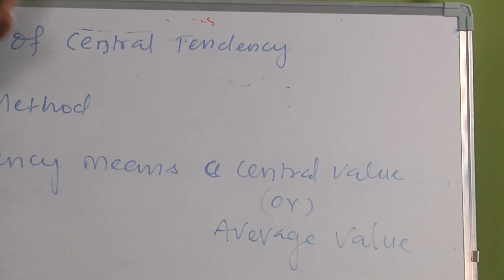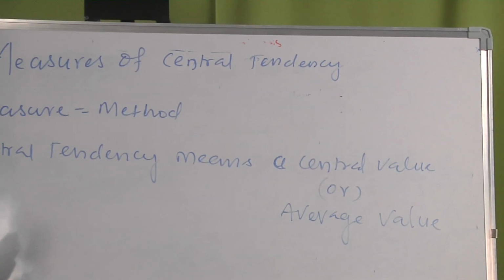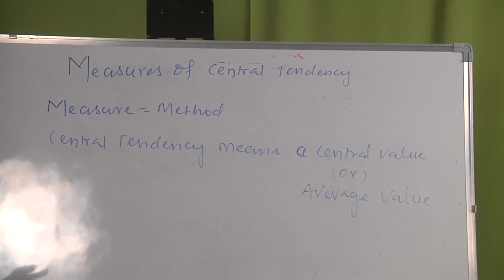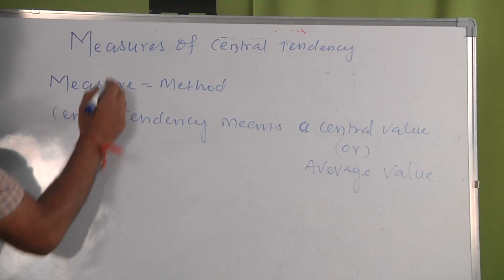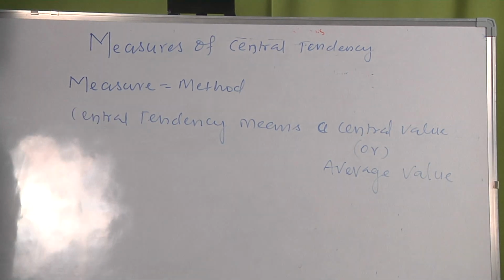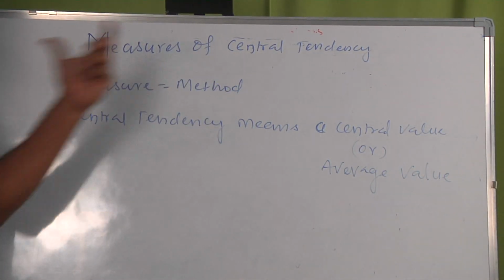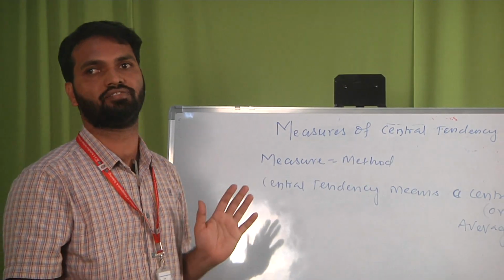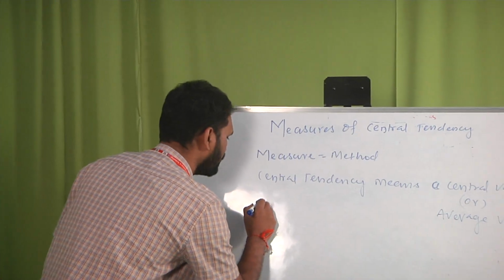So what is the purpose of measures of central tendency in real time or statistical analysis? The measures of central tendency are used for describing the data in a concise manner.